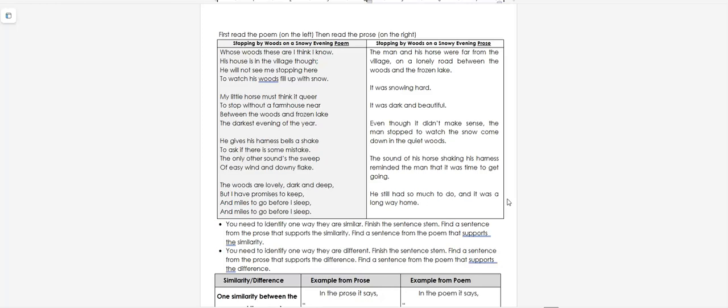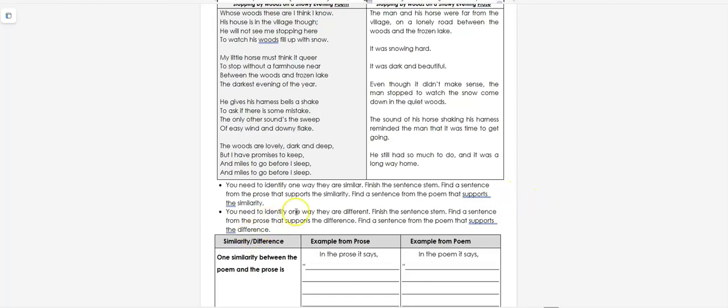Before we took this assessment, this was part of a lesson. We went over this poem multiple times and talked about all of the different aspects of the poem. So the directions: you need to identify one way they're similar and finish the sentence stem, find a sentence from the prose that supports the similarity, and find a sentence from the poem that supports the similarity.